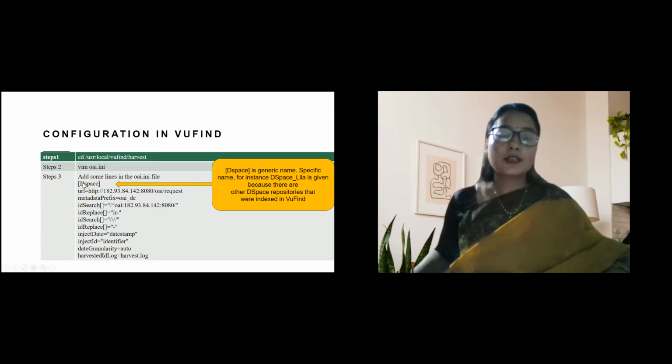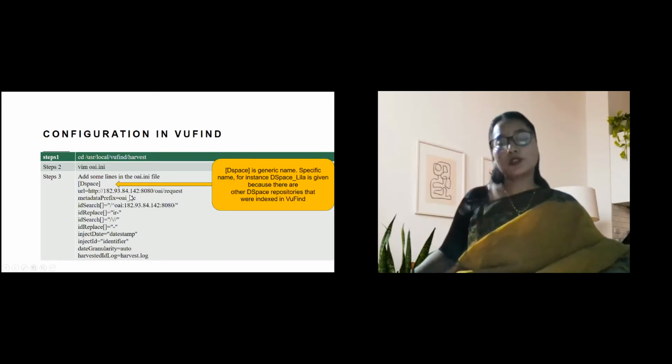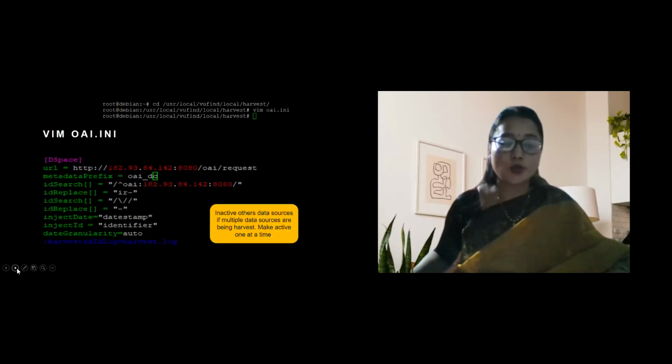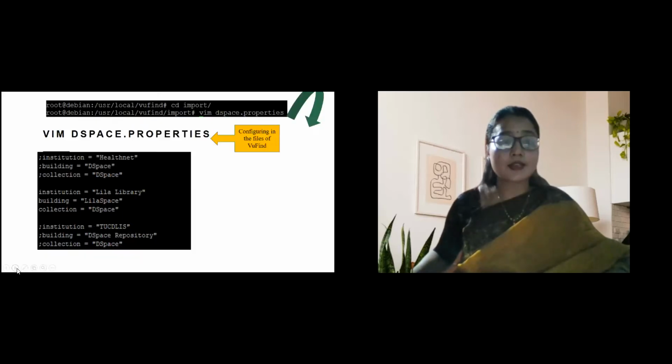I got it from the VuFind wiki page and pasted it over, and made changes in these. I give the IP address of my server. If it is your localhost, then give localhost. If it is another URL or IP, you can give it accordingly and make it into the VuFind configurations once you install VuFind. This is the screenshot of the same thing as I have told.